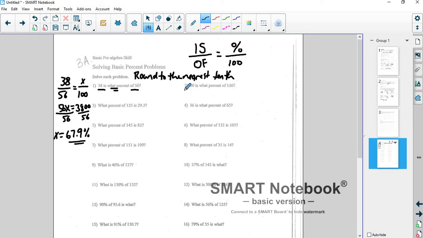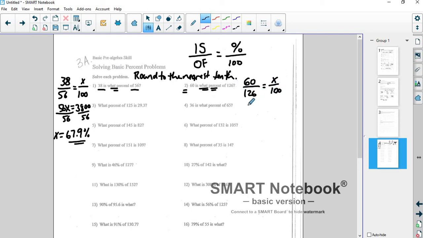So why don't you guys try number 2? Pause the video and give number 2 a shot. Okay? Who's playing the role of is? 60 is. Who's playing the role of of? 126. And then what percent? That's the X out of 100.